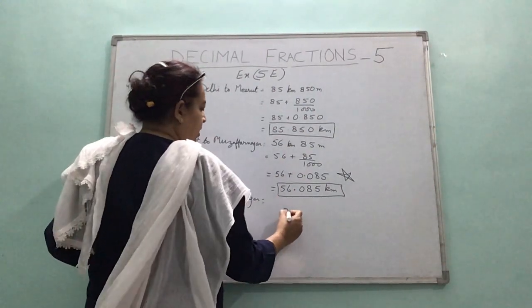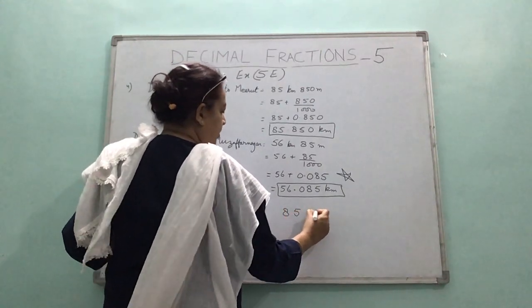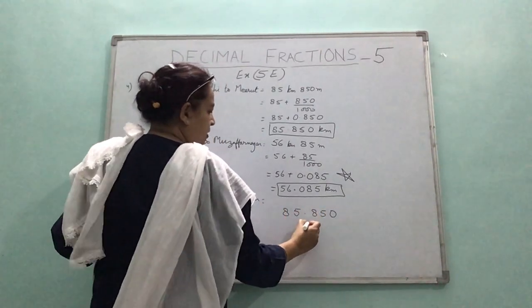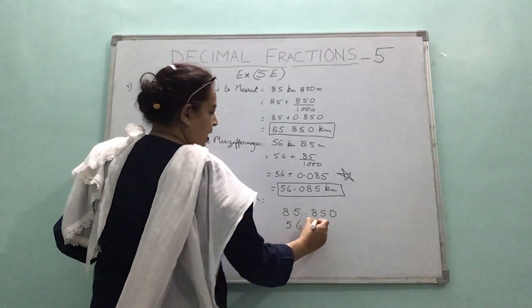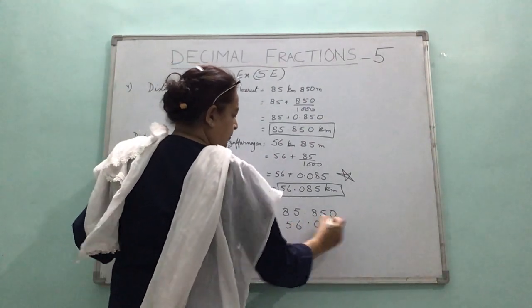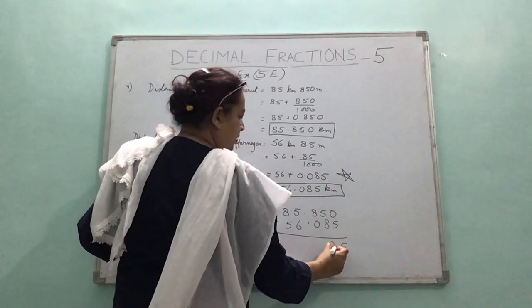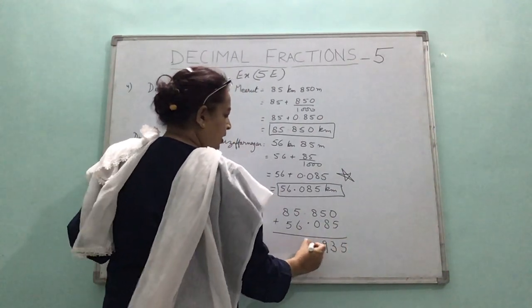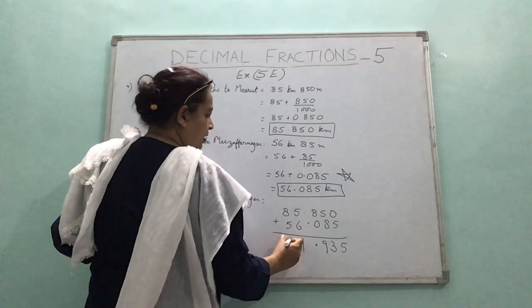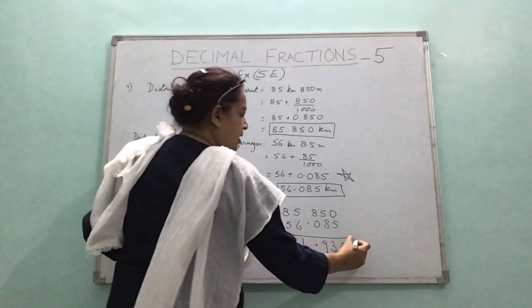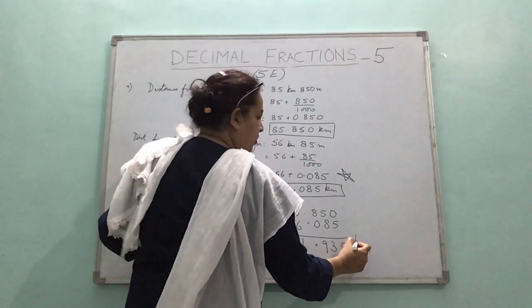I am writing decimal underneath decimal and add. Well, 5, 3, 9, 11. This is in which unit, children? Kilometers.